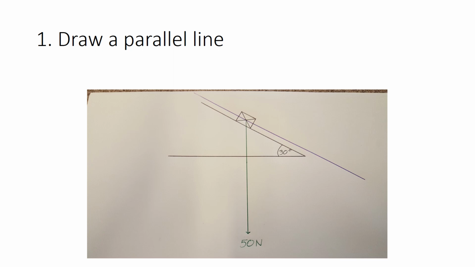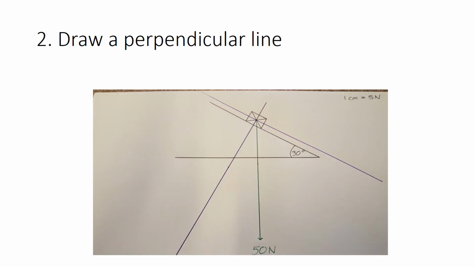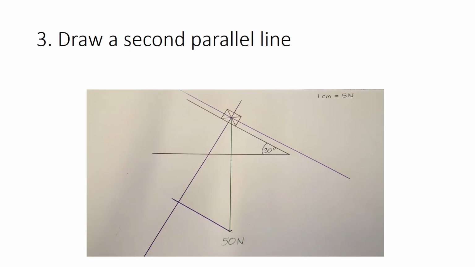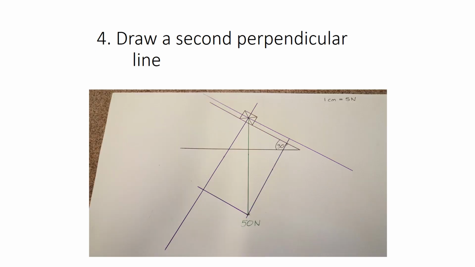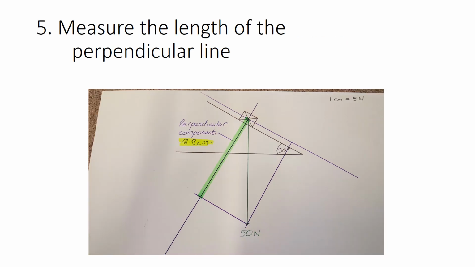First of all, we draw a parallel line. Then, second part, we draw the perpendicular line. Then we draw a line between the end of my 50 newton weight line to my perpendicular line to make a right angle triangle. Then I join upwards to the first initial line, to make a parallelogram.